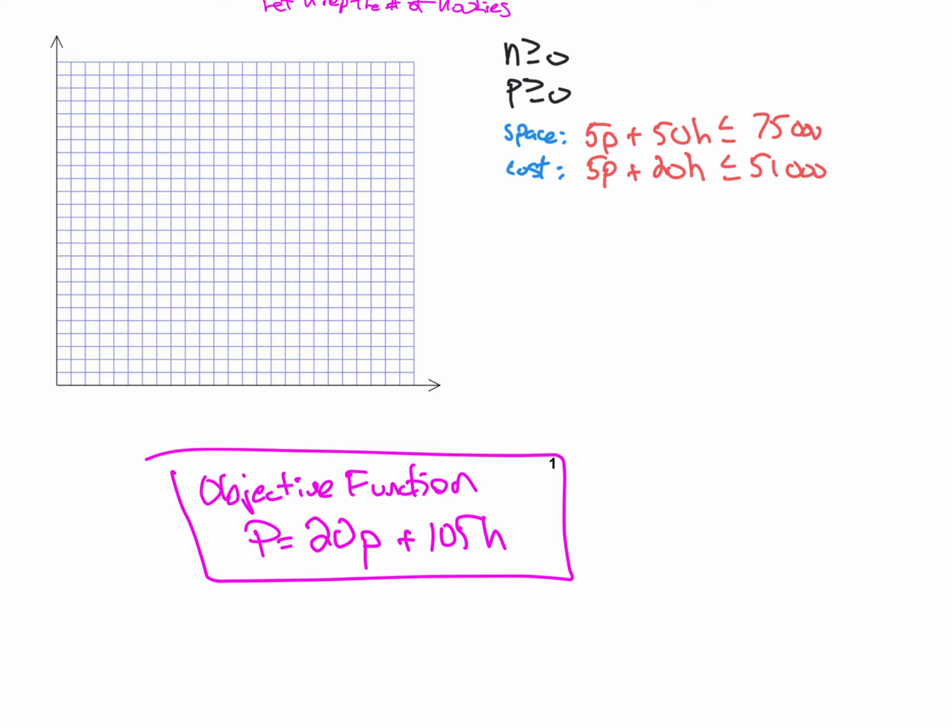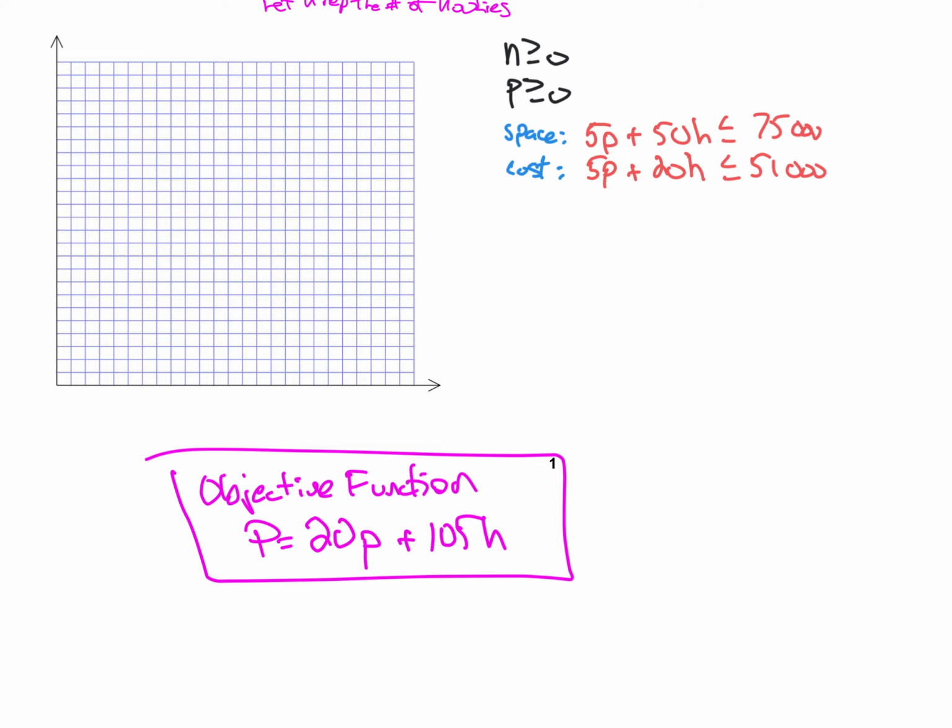We won't have to deal with that though until we completely graph the system and see what our graph looks like. Do you need to use different letters for the profit because it's the same? Yeah, it kind of matters.